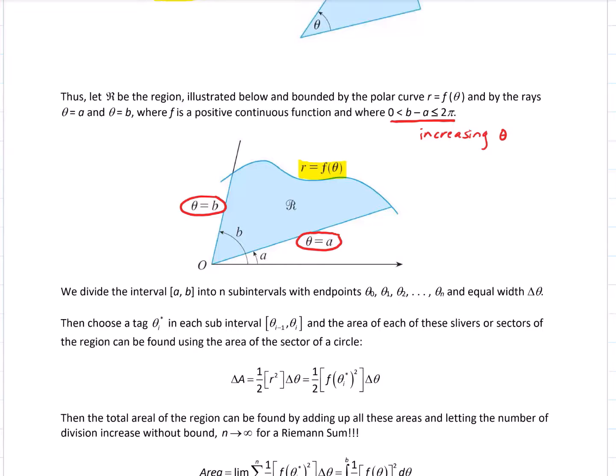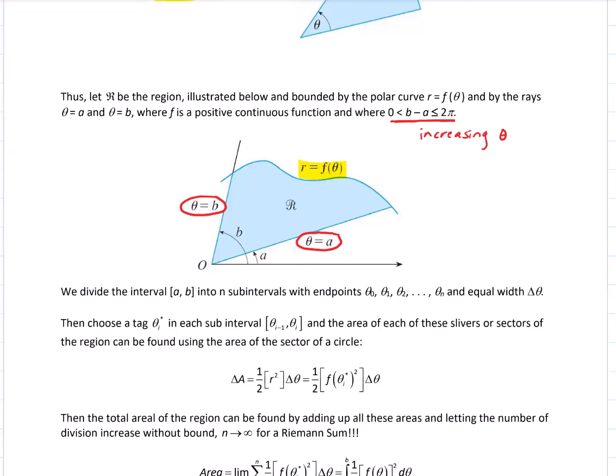It's been a bit. We didn't do as much of this in chapter 11 with the sequences and series, but we're doing it now again, where anytime we want to know something unknown in our coordinate system, we break it up into little pieces, figure out what the area of those little pieces is, then add them all up and let the limit go to infinity. So that's exactly what we're going to do. We divide this up into a bunch of little subintervals and choose a tag on each little subinterval.